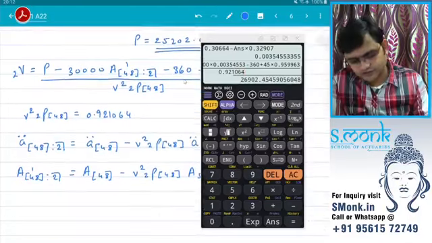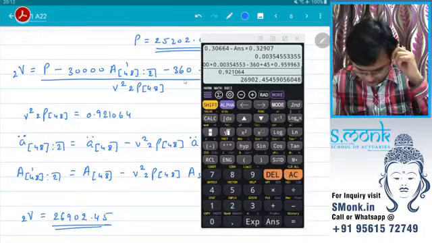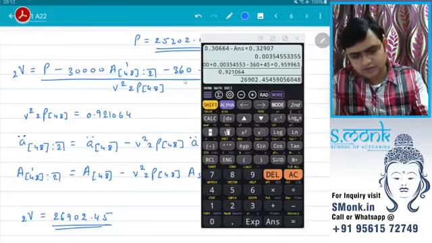So the reserve we should be keeping at the end of the second year will be this much, 26,902.45 per person alive.